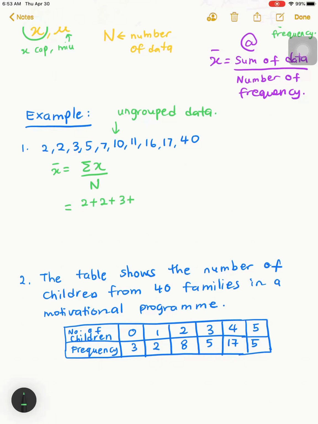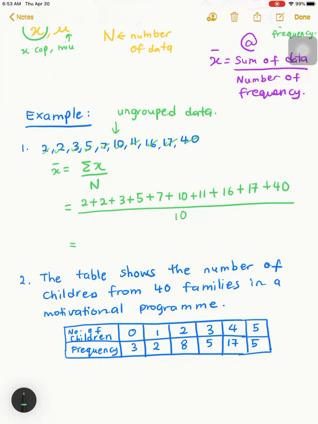This is easy. You have to add all the data: 2 plus 2 plus 3 plus 5 plus 7 plus 10 plus 11 plus 16 plus 17 plus 40, divided by how many data you have: 1, 2, 3, 4, 5, 6, 7, 8, 9, 10. Divide by 10.